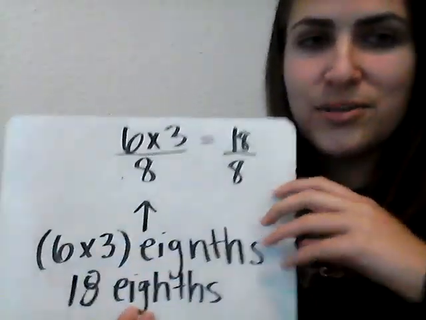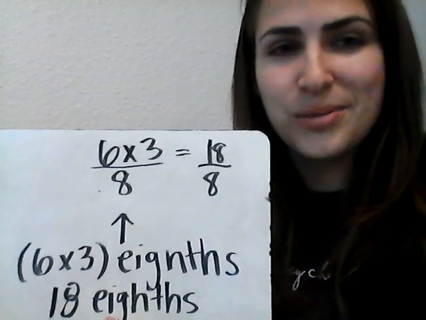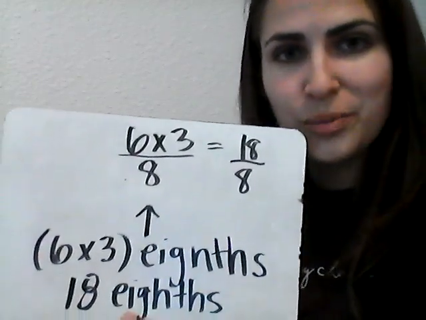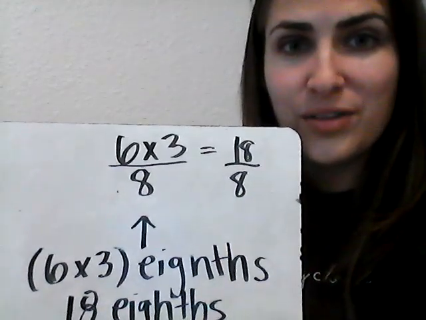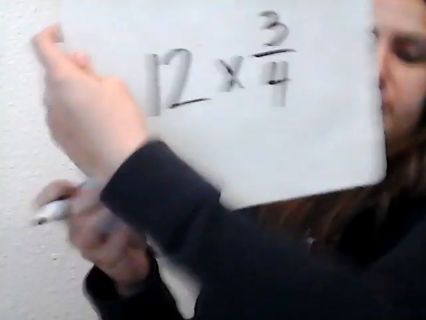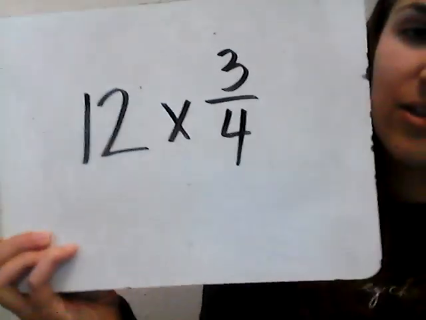So we saw that we can use the associative property to change the groupings to help us to solve multiplication problems involving fractions. So I have one practice problem for you. The problem I would like for you to solve is 12 times 3/4.